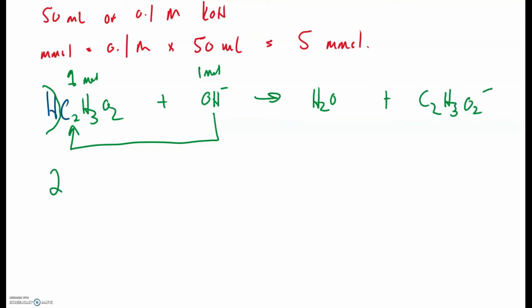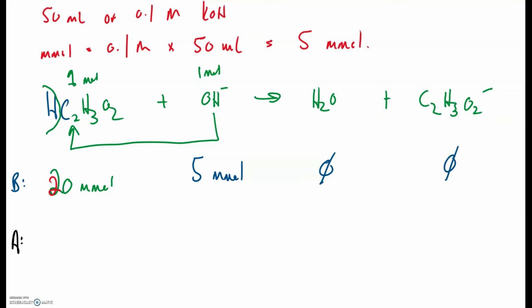Well, we're starting with 20 millimoles of acetic acid, and we're starting with 5 millimoles of hydroxide. So we're going to call this before. What goes on before the reaction? We've got 20 millimoles of acetic acid, 5 millimoles of hydroxide, and before the reaction, nothing's happened. So we don't have any water, we don't have any acetate.